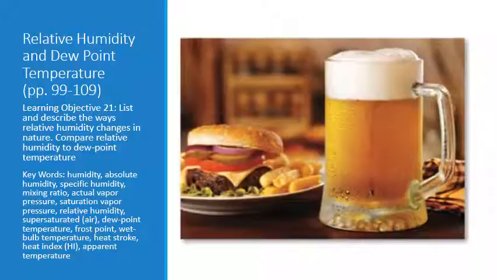So you've seen dew or condensation form on cold drinks on a hot summer day in humid environments. In nature, cooling air below its dew point temperature typically generates dew, fog, or clouds when the dew point is above freezing, and frost when it's below freezing.